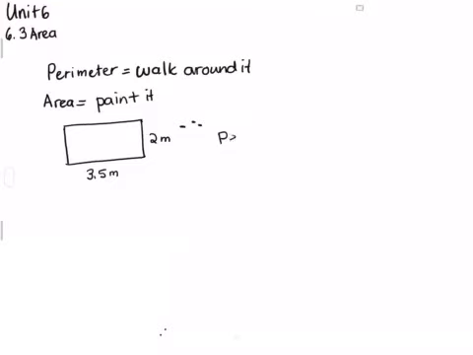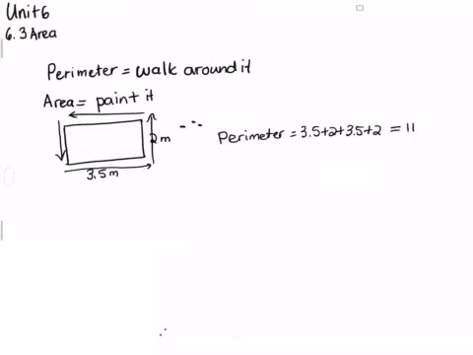If I want to find the perimeter, then I want to walk 3.5 meters plus 2 meters plus another 3.5 plus another 2. So altogether, how far did I walk? 11 meters. Don't forget the meters, the units.